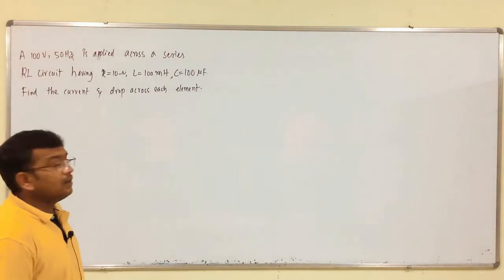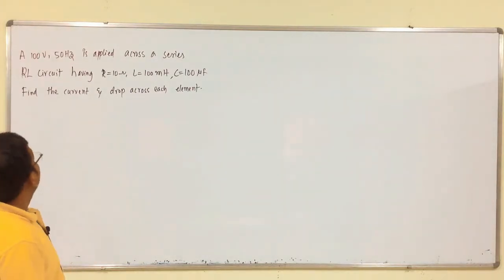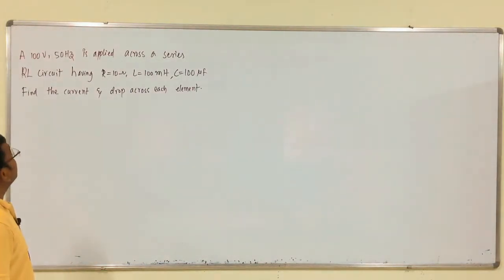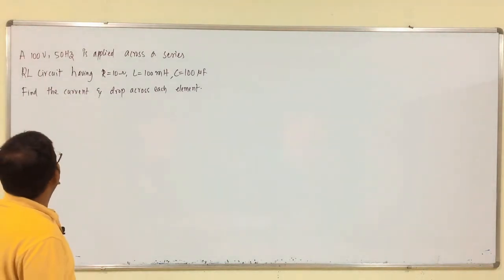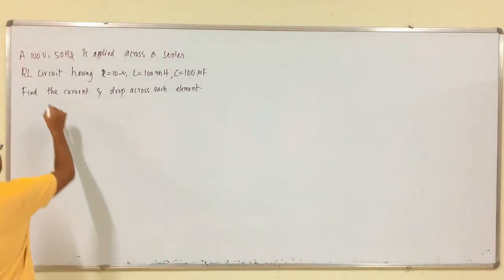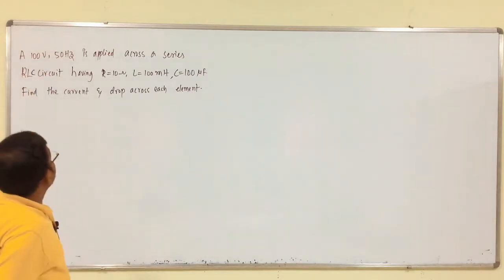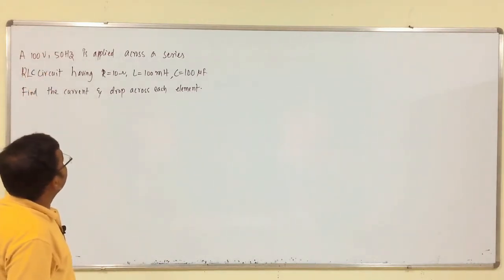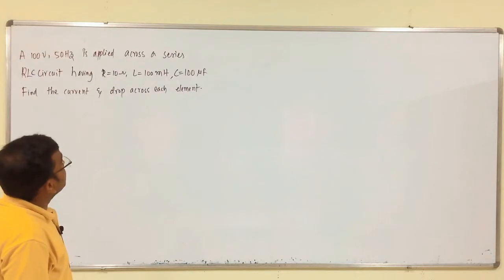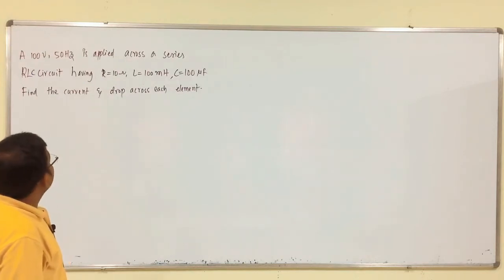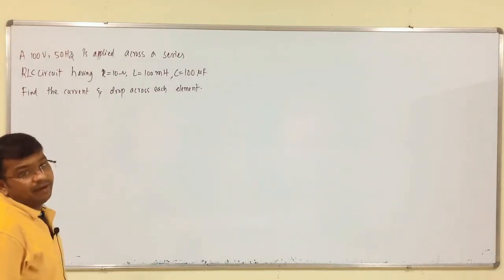Okay. See, now 100 volts 50 hertz is applied across a series RLC circuit, having R 10, L 100 millihenry, capacitor C is 100 microfarad. Find the current and drop across each element.